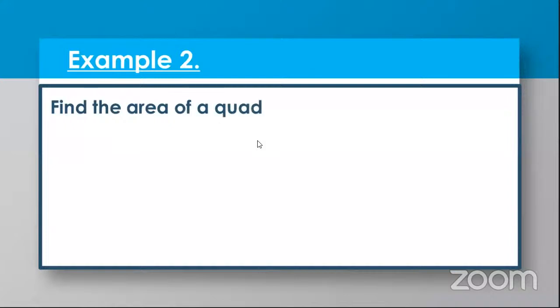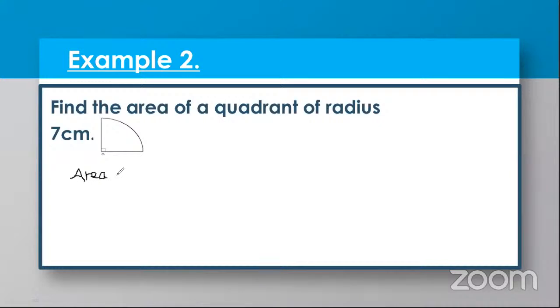I'm going to first read the question. Find the area of a quadrant of radius 7 centimeters. Yes. So in the beginning, you were saying that for a quadrant, if you want to find the area, you first say that area equals a quarter times pi r squared.